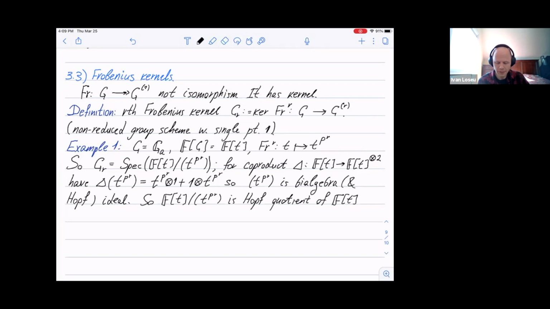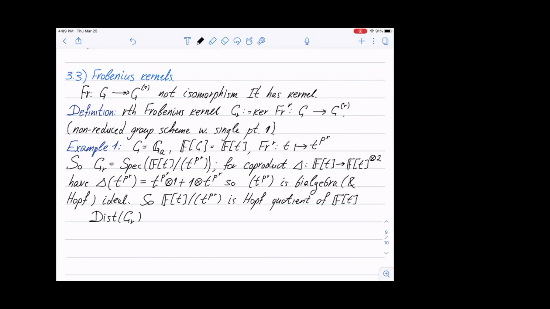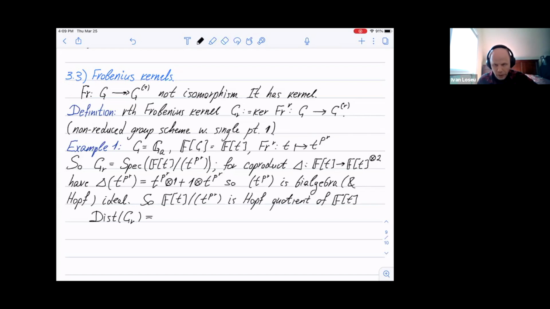And then we can also consider the distribution algebra, again in the same example. So before, the distribution algebra was constructed as follows. We took the dual of the algebra of functions and inside considered some finite part.